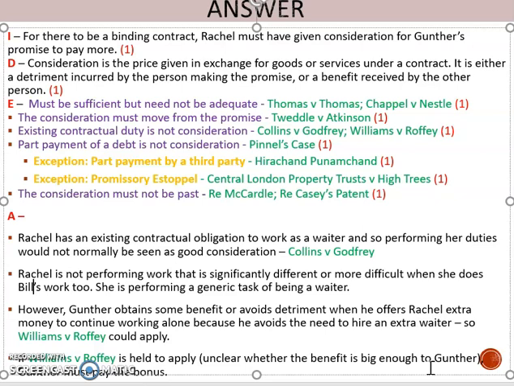So it's fine to say it depends or if it's held to apply. Okay, so in general, we'd say no, she can't enforce that promise. However, he has obtained a benefit of not having to employ someone else. So in theory, it could be enforceable using Williams and Roffey.